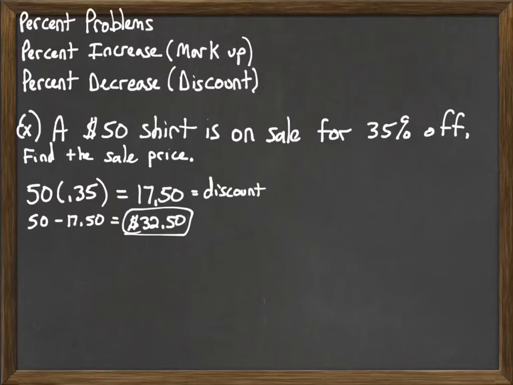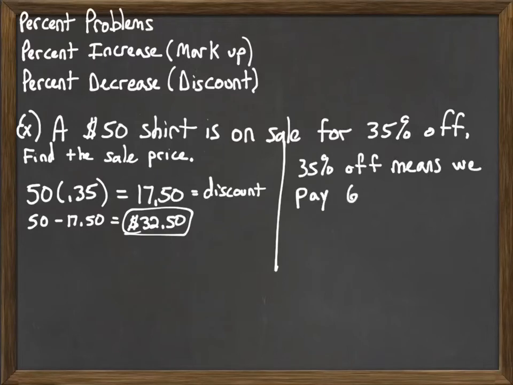Now there's another way to think of this. Instead of thinking of it as a two-step problem, we can think of it as a one-step problem. The first idea here is this: it's being discounted 35% off. So 35% off means that we end up paying 65%.